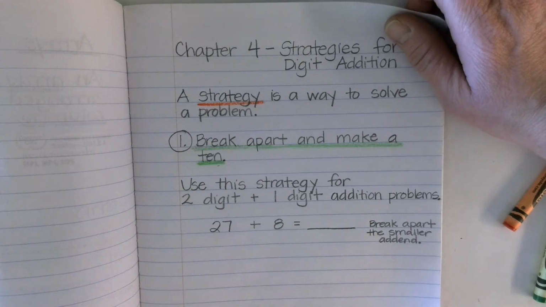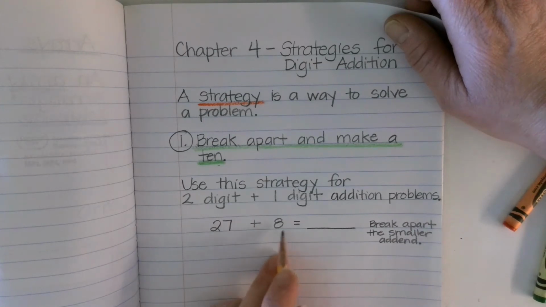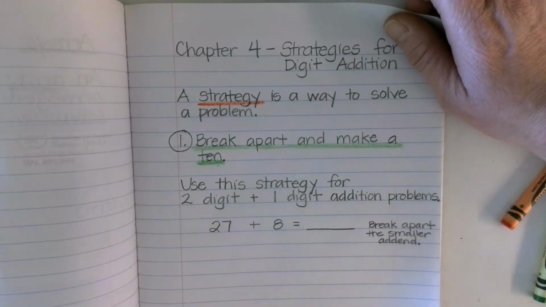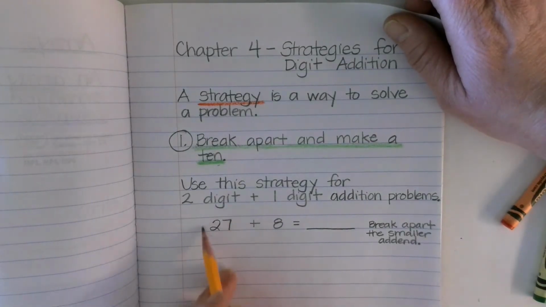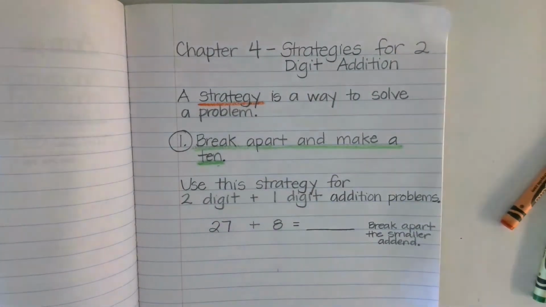So he really wants to be a 30. So he says to Mr. 8, Mr. 8, can you put your tent up and break apart? And what does 27 need from Mr. 8 to become a 30? What does he need? Show me with your fingers.